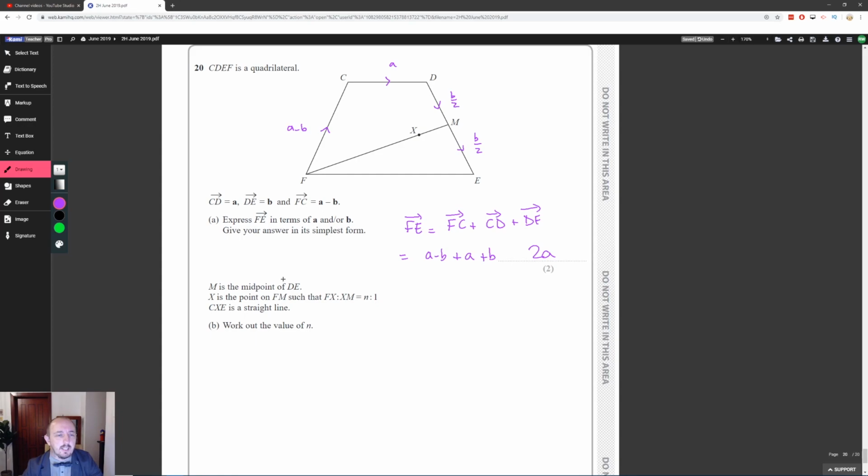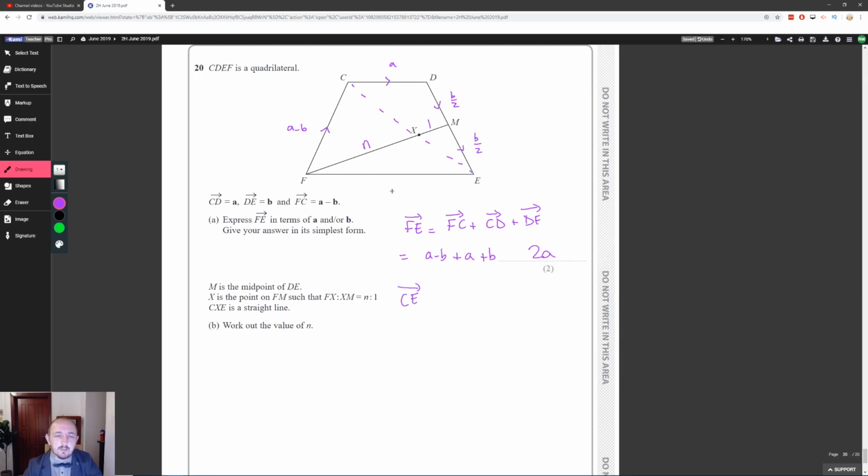X is the point on FM such that F to X is N to 1. CXE is a straight line. So there's a straight line going all the way through there. So when we have a straight line, we want to take the whole line and a vector that's contained within the line. So we could go C to X, or we could go X to E. Okay, so let's do C to E first.